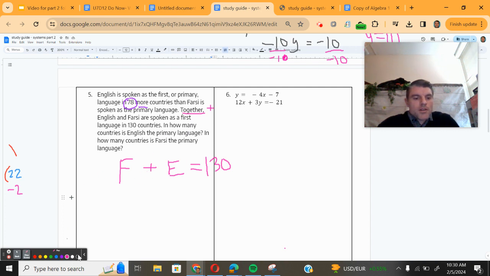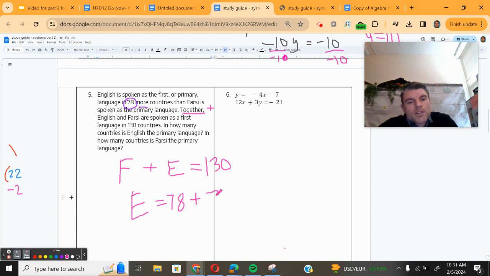The other equation is going to be, English is spoken in more countries than Farsi, so you're going to have to write E equals 78 plus F.